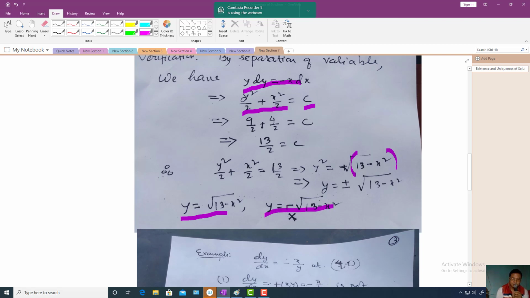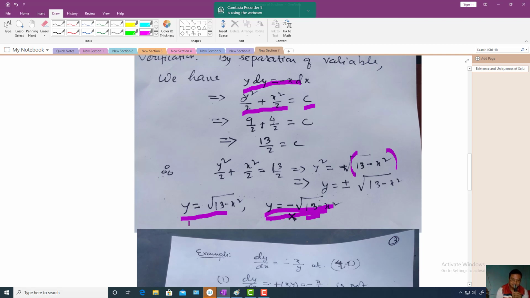A square root of a real number cannot be negative. When you put x is equal to 3, you get y is equal to 2, but here the negative one gives a negative value, so it doesn't fulfill the given initial condition. Although it satisfies the given differential equation, it doesn't fulfill the initial condition.